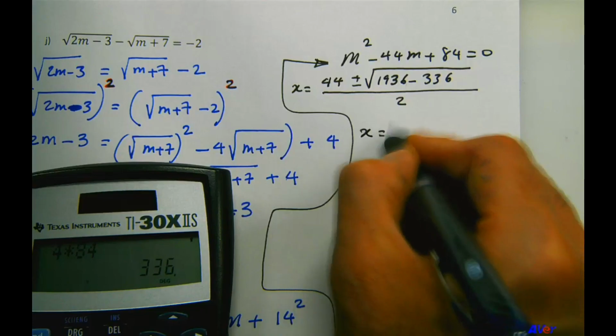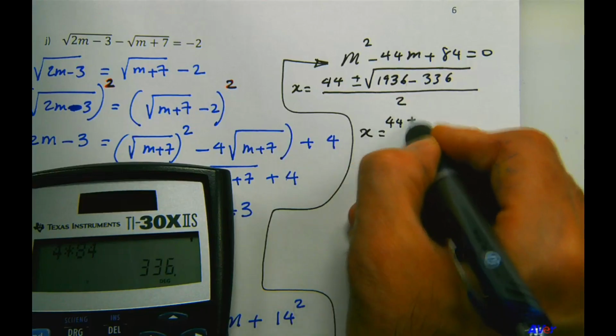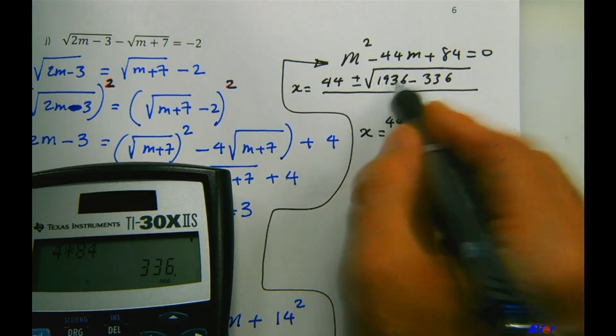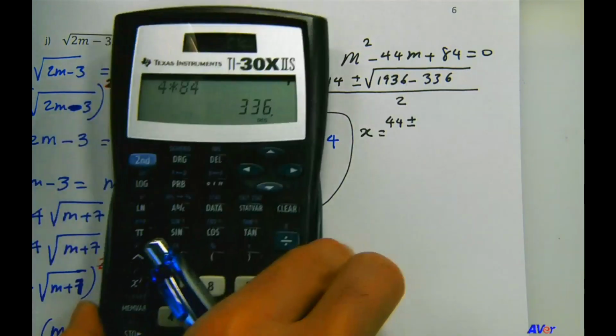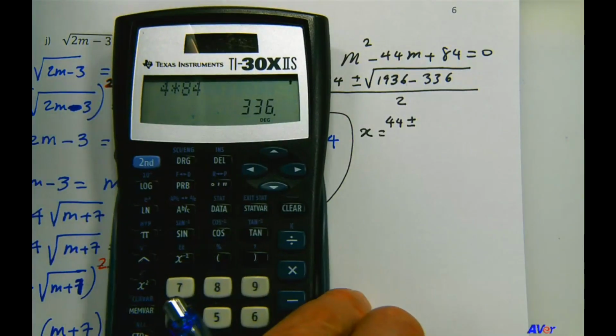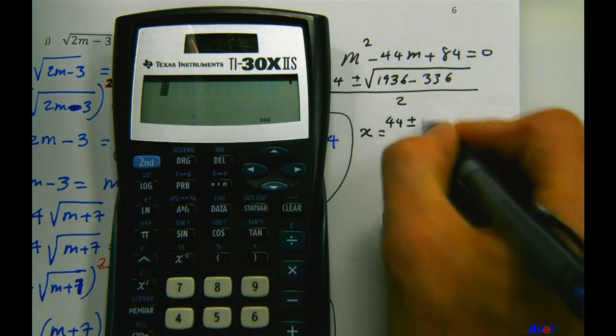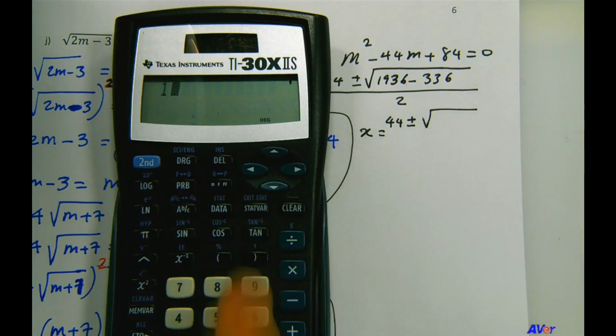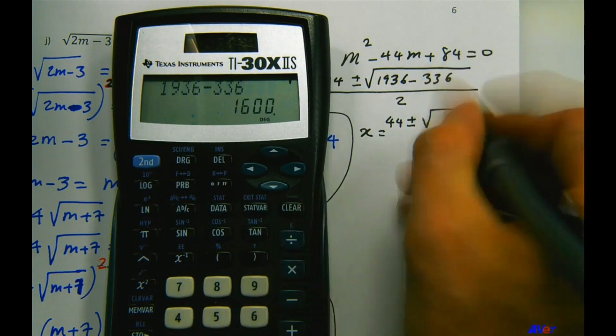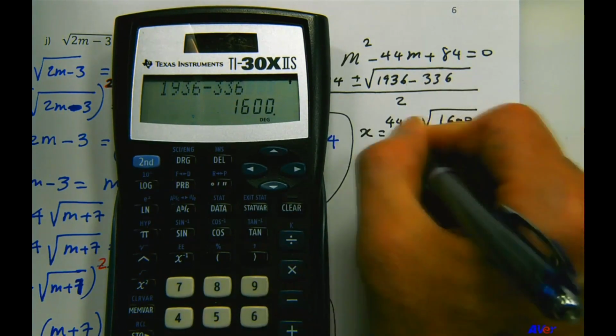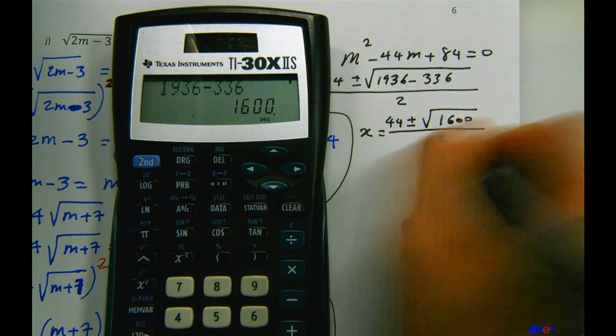So x equals 44 plus or minus the square root of 1,936. Right? So let's do the subtraction. We have 1,936 minus 336, 1,600, divided by 2.